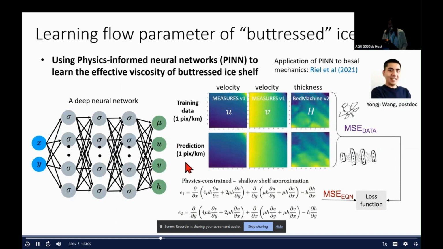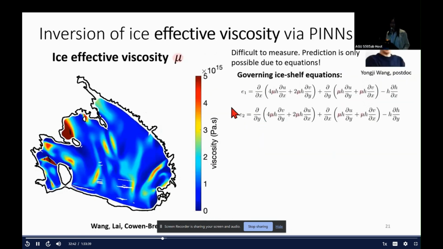So the mismatch between the neural network predictions and the equations and the observations will be penalized and used to update the neural network parameters. So throughout the training iterations, the neural network will find the velocity, thickness, and viscosity fields that best describe the data and the equations.